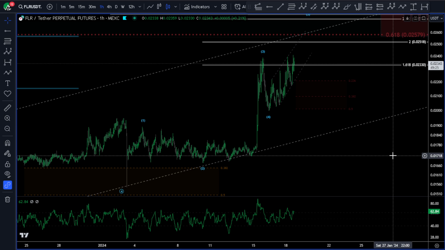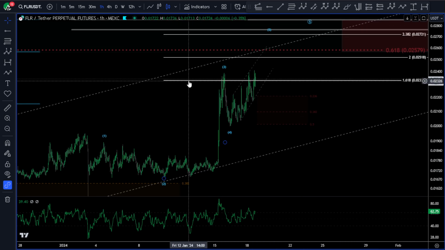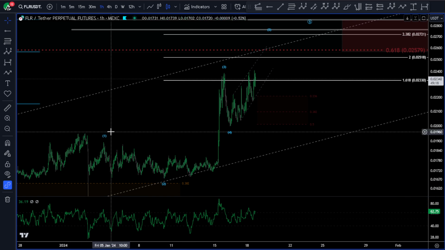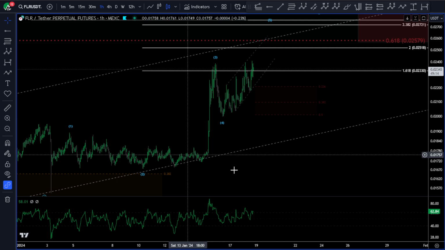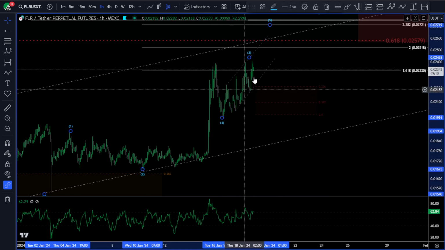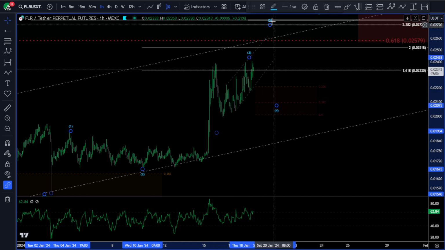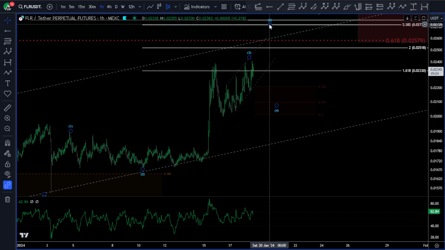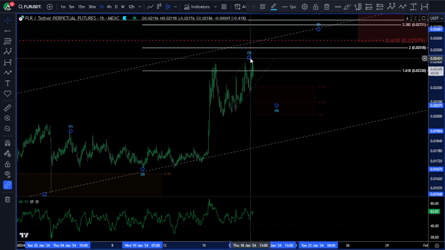But a positive about this fifth wave here is the third wave came to the 1.618 extension of this wave 1 and 2. So the question for me is, are we still working on our third wave? And this is an ending diagonal of our third, and then we make our 4 or 5 to the upside, like so. Or is our third topped?